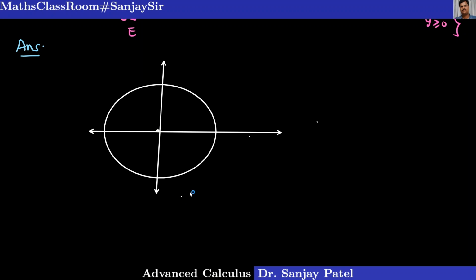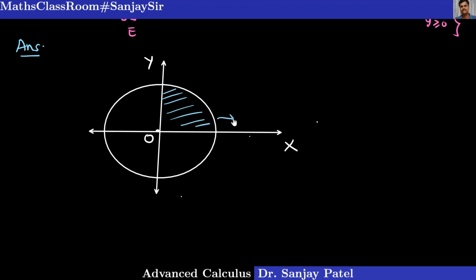This is the origin, and our region of integration is this portion of the unit circle in the first quadrant.